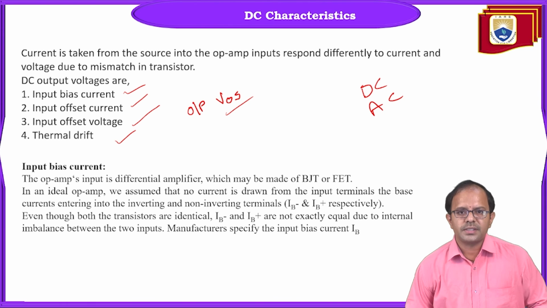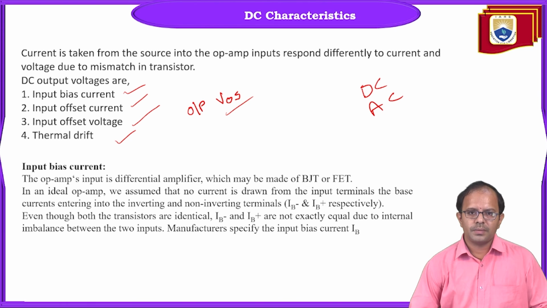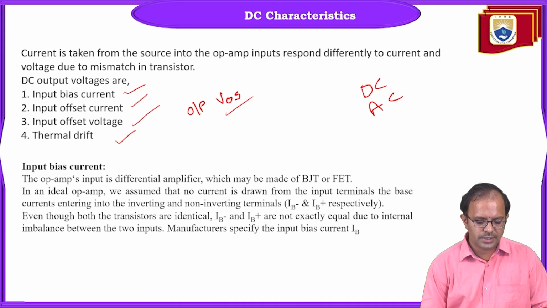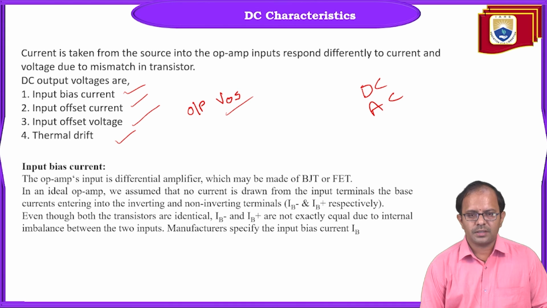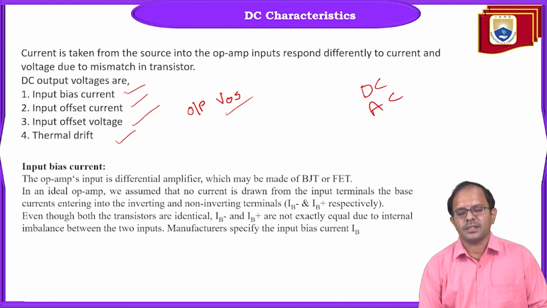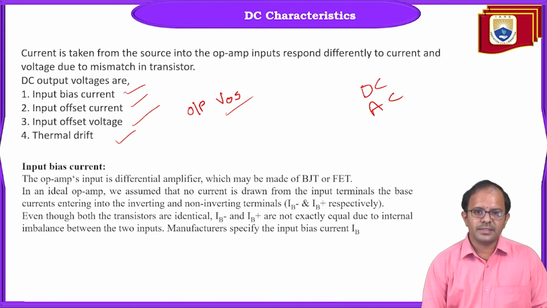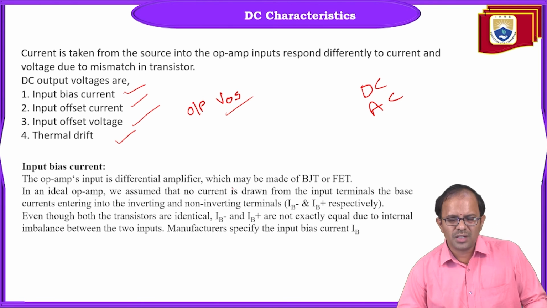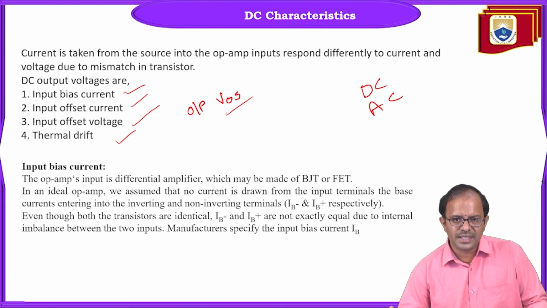Now let us discuss the first parameter, which is input bias current. What is meant by input bias current? It is defined like this. What is the input to the operational amplifier? It is a differential input, right?